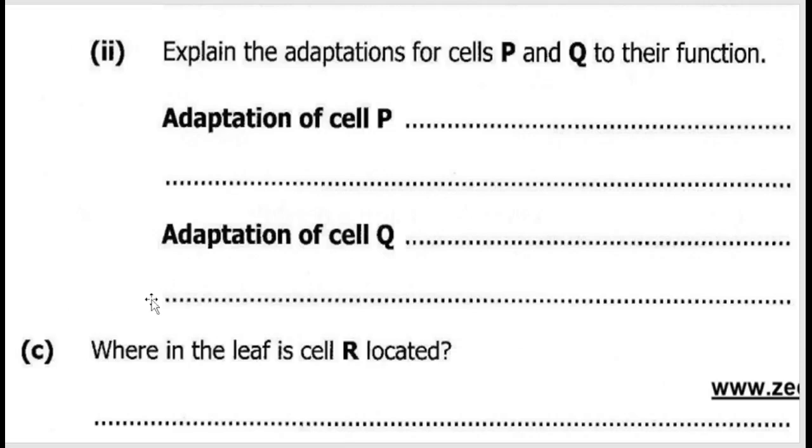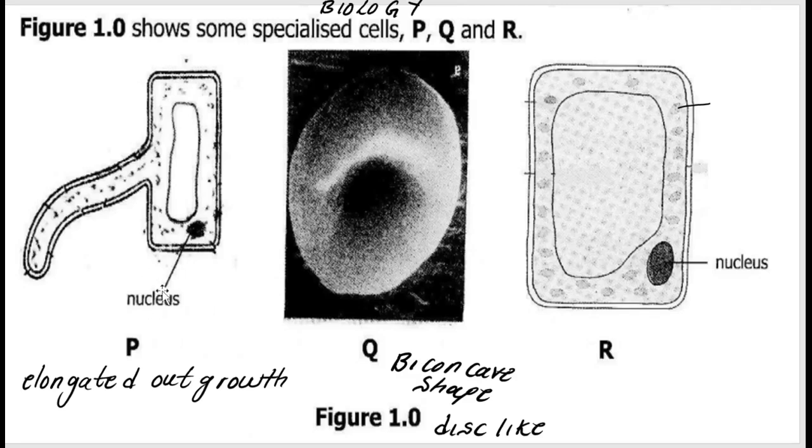Okay, so let us proceed. What else are they asking? Explain the adaptations for cell P and Q to their functions. When they say adaptations, they mean what do they have which helps them to perform their functions. So remember, on this diagram, I said this one has got elongated outgrowths, which increase the surface area for absorption.